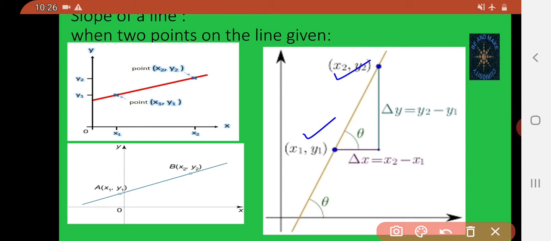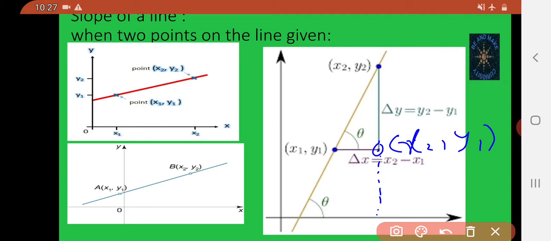If you draw a perpendicular here, this point will be x2, y1.